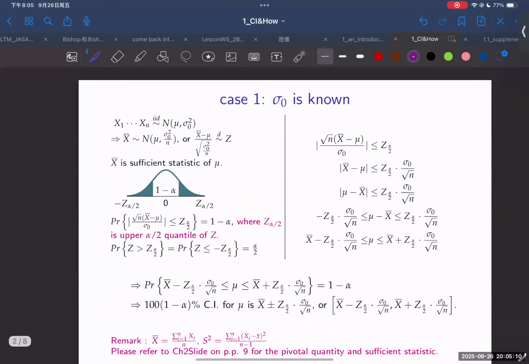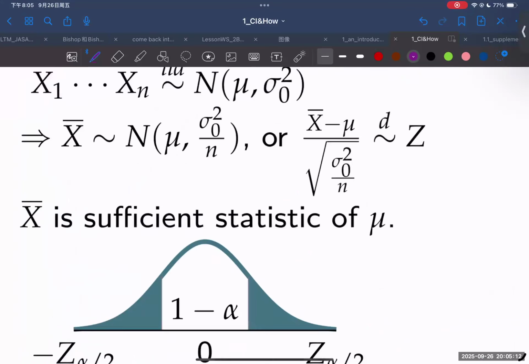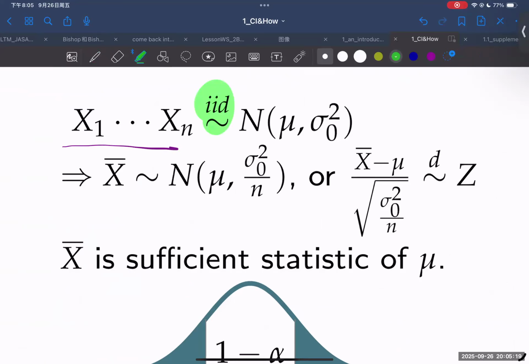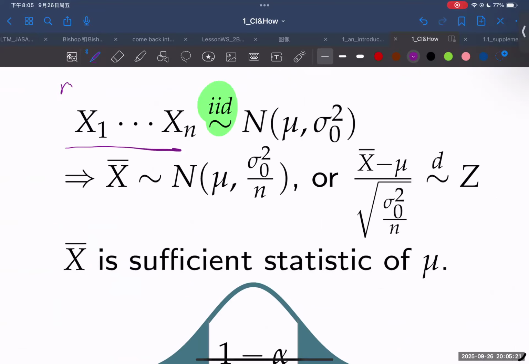Okay, so let's check here. Here we have a random sample. You see, we use IID, meaning the random sample is independent and identically distributed. Next, the sample mean is 1 over n summation of xi.